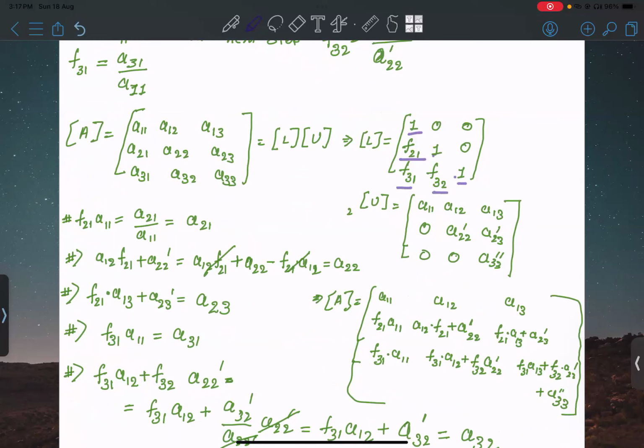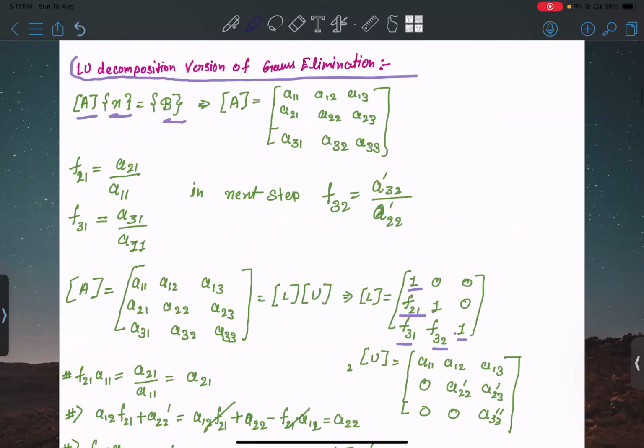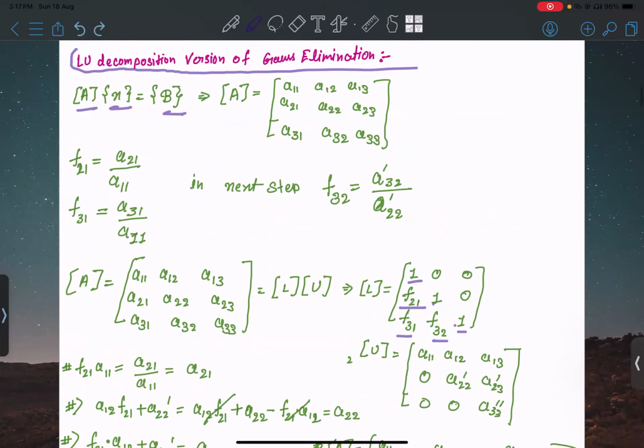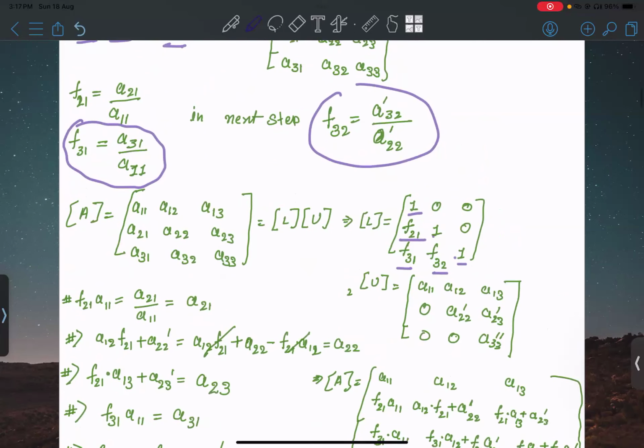F21 will be the factor that I multiply with equation 1 and then subtract from equation 2. So this is my F21. Similarly, this is my F31, similarly F32. And what will be my U?